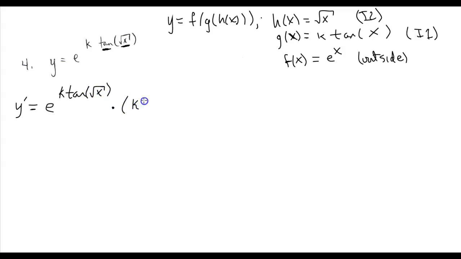But then we have to take the derivative of its inside function, which is what we see here. Now, of course, here, this e raised to the k times tan of square root of x, there's nothing that we are going to be able to do with that. We just leave it as is.